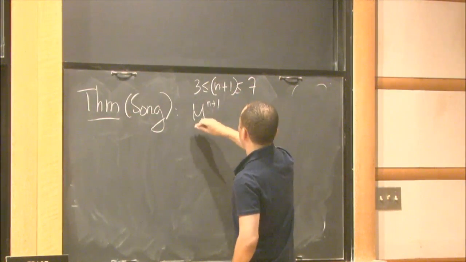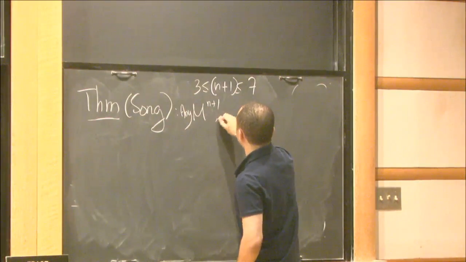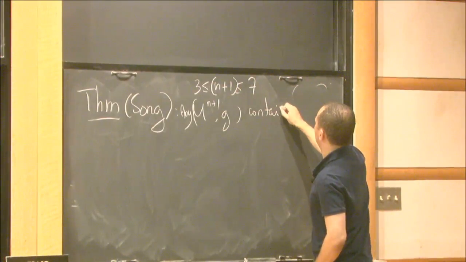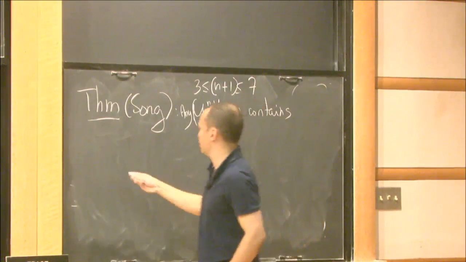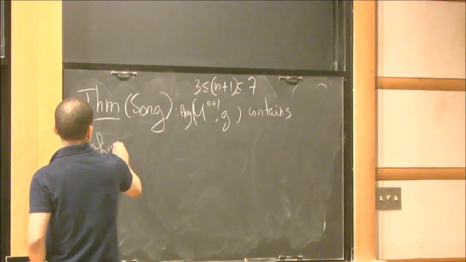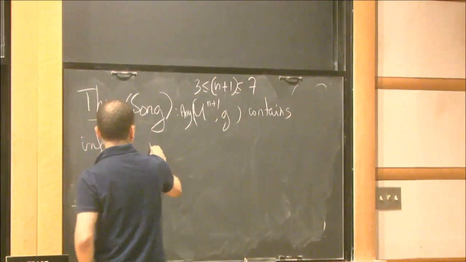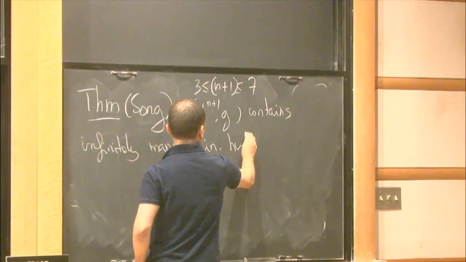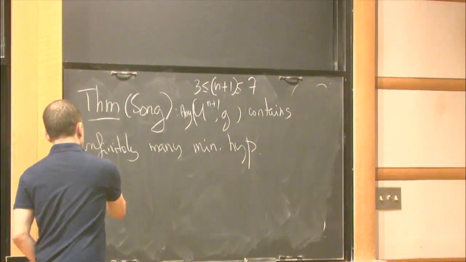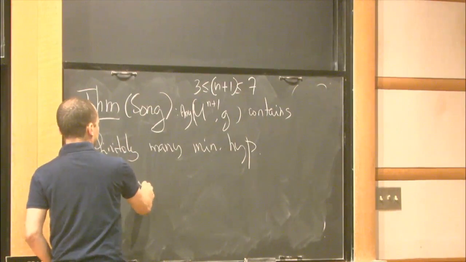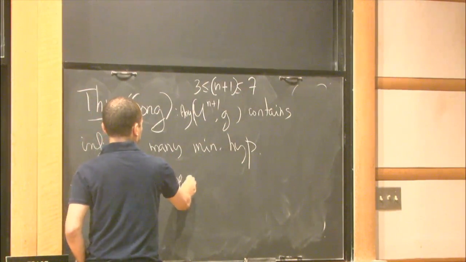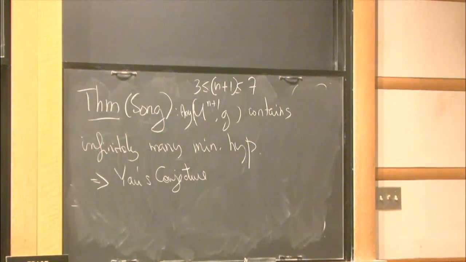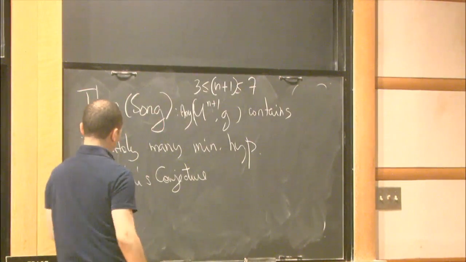So he basically proves that any such manifold contains infinitely many minimal hypersurfaces. So of course this implies Yau's conjecture. Let me say a few words about his proof, and then I'll go back to the generic case.